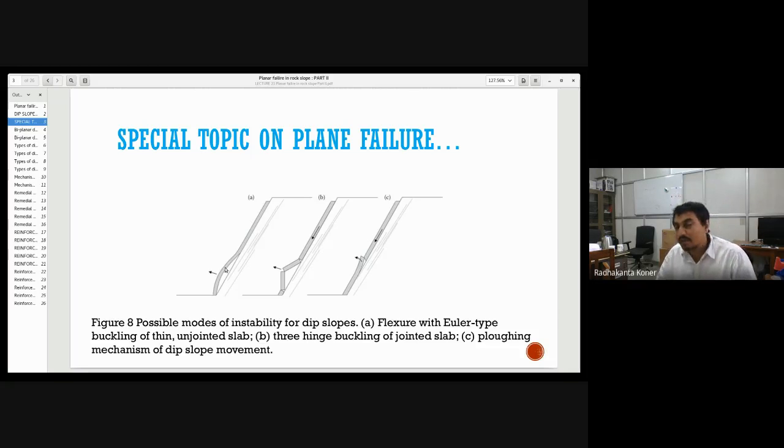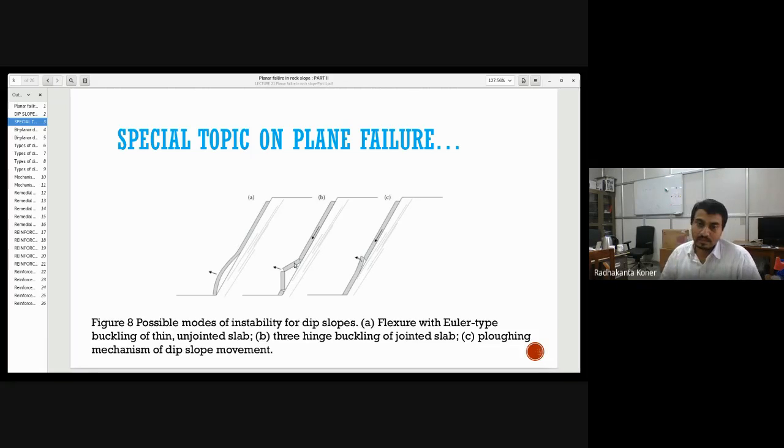So what will be the manifestation? The manifestation is the crack or failure. So this is the second stage: after stage one, a crack will develop, and the rock will be segregated into two separate slabs.